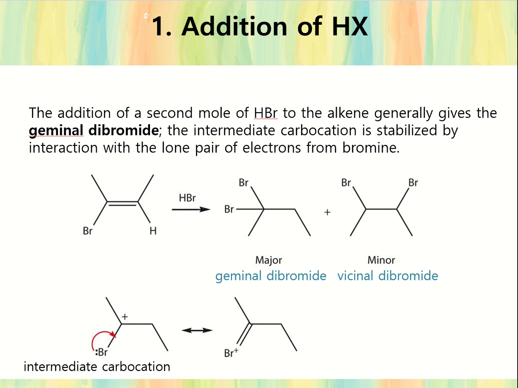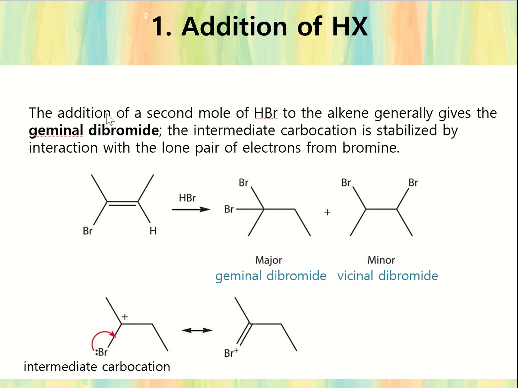All right, so the addition of a second mole of HBr to the alkene generally gives the geminal dibromide. The intermediate carbocation is stabilized by interaction with the lone pair of electrons from the bromine. So the reaction can happen twice in essence.